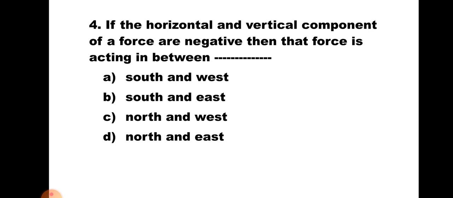Both horizontal and vertical components are negative, means the force is acting in third quadrant, and third quadrant is in between south and west. Hence the correct answer is A. South and west.